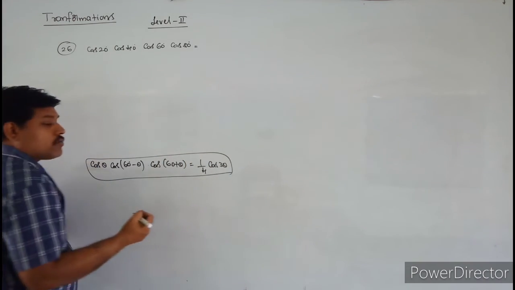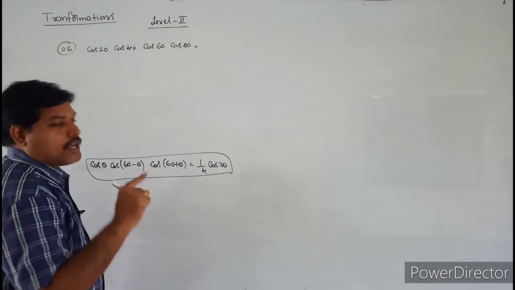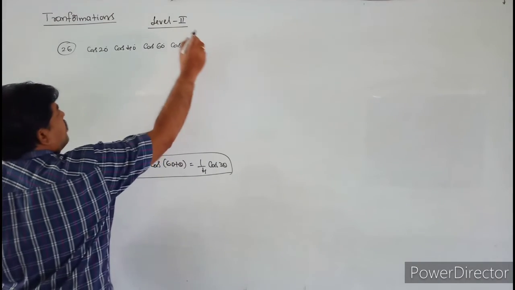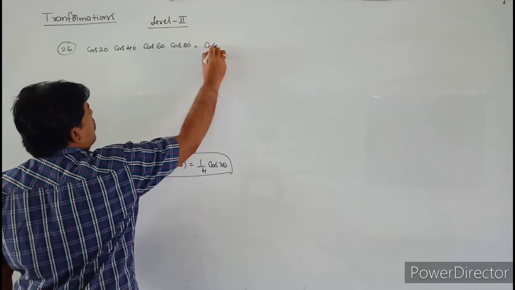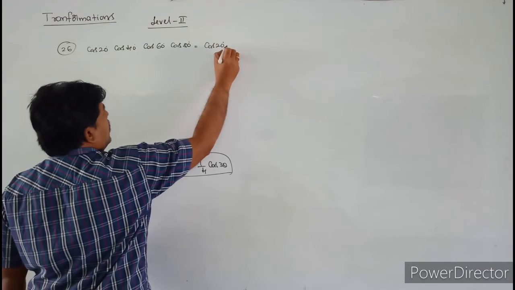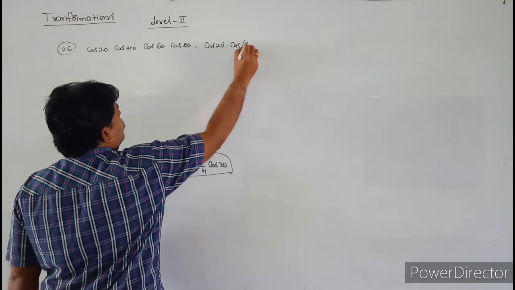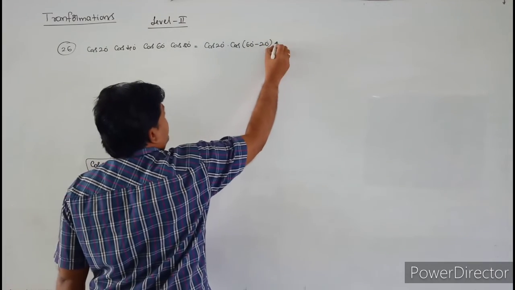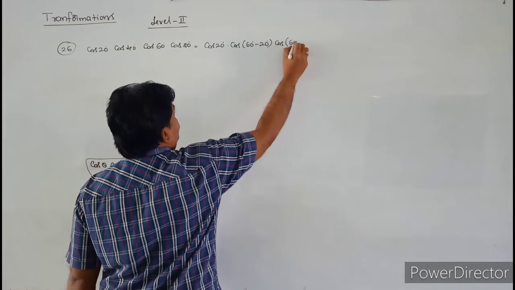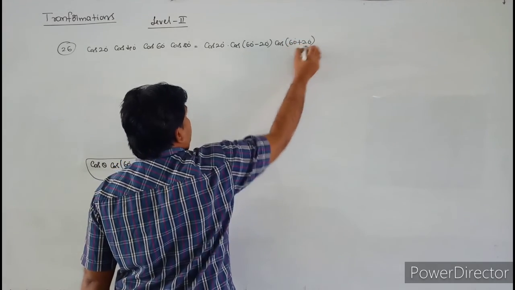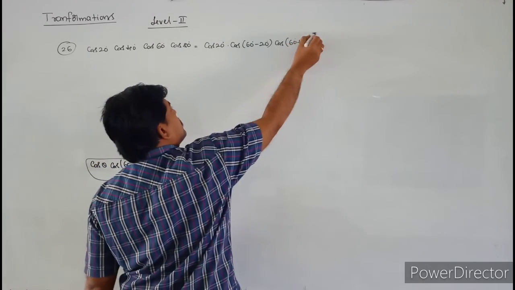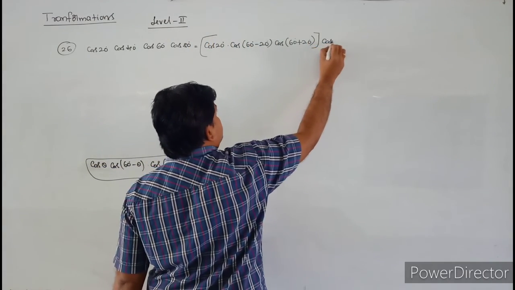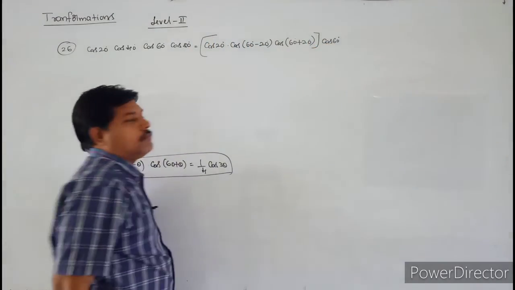See that formula, students. We will apply the formula here. First you have to understand that the given problem is in that form. What I will do first: cos 20, and this 40 I will write as cos of 60 minus 20, and this can be written as cos of 60 plus 20, into the remaining cos 60 degrees.